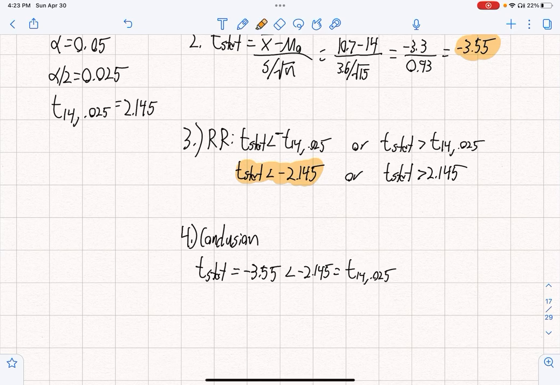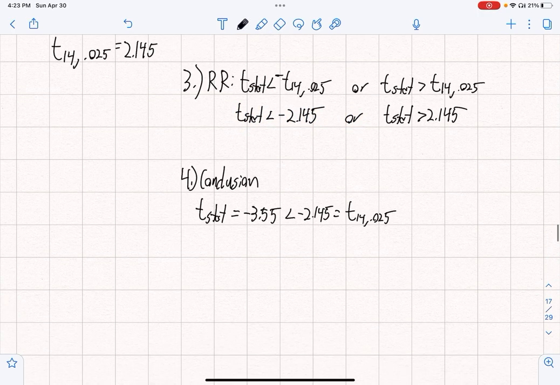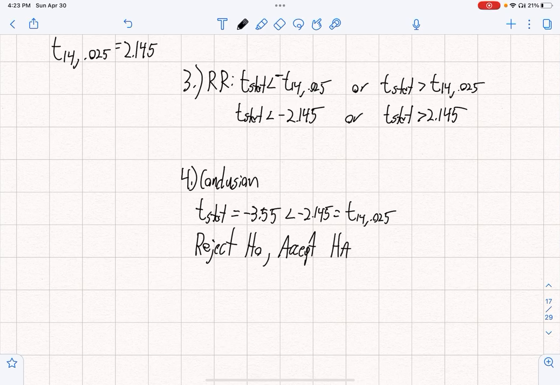Notice that negative 3.55 is not bigger than 2.145, but it doesn't matter. It's either or. Because it was less than negative 2.145, we're going to reject the null hypothesis. So we reject H naught, accept H A.